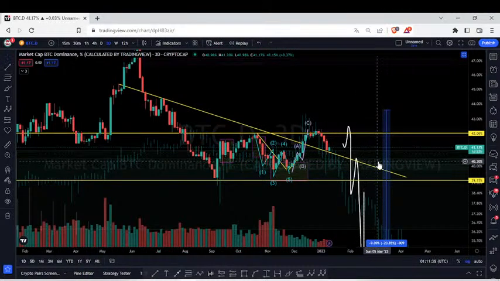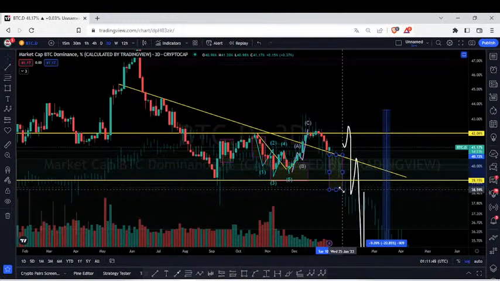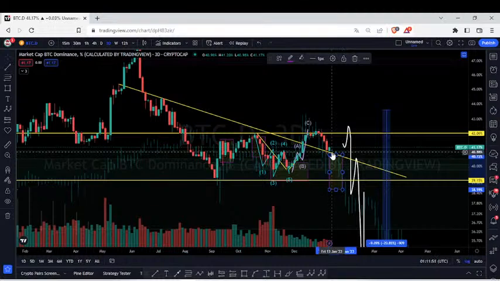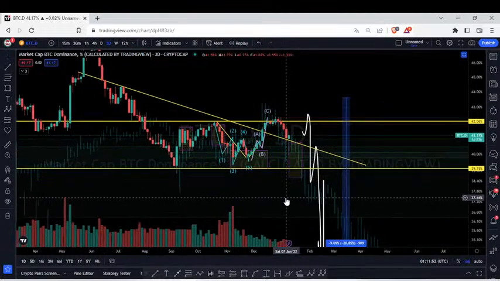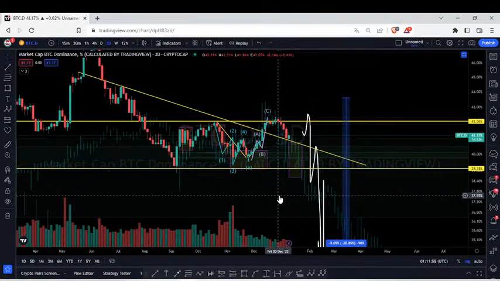I just want to make sure it breaks 40% with force, and I'm talking about one massive candle like that, takes it down to about 38.5%. That's a good break. It will definitely push down, and even in this candle, altcoins can move about 100 to 150% in just one straight shot.